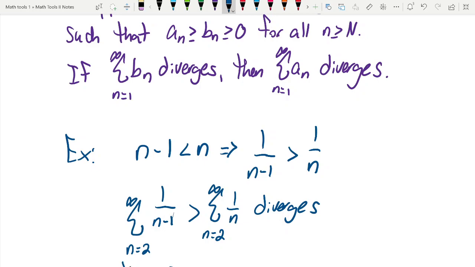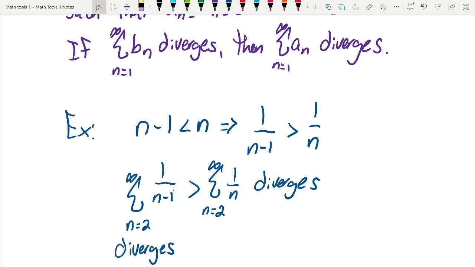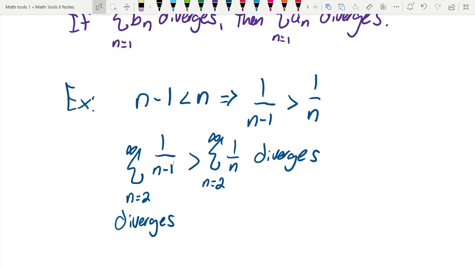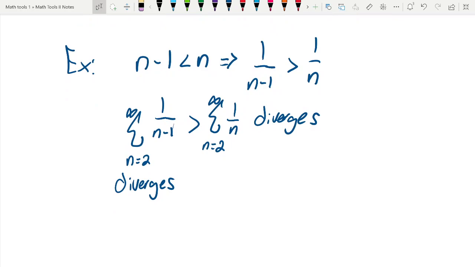So this one also diverges. That's how we can use the comparison test. This opens up a lot of different series that are close to series that we're familiar with, or it can cut out a lot of the work because we can just look at an inequality and look at a simpler series.